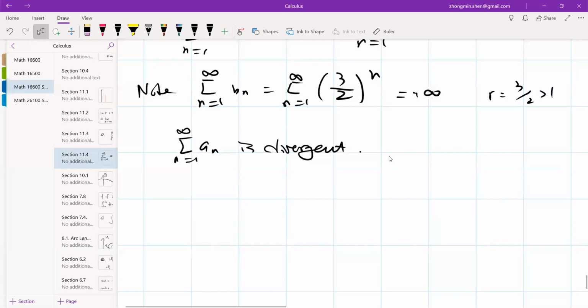You see, every number in the numerator is smaller than the denominator. So each term is less than or equal to 1. So that's going to be less than or equal to 2 over n squared. That's my bn. This is a trick.